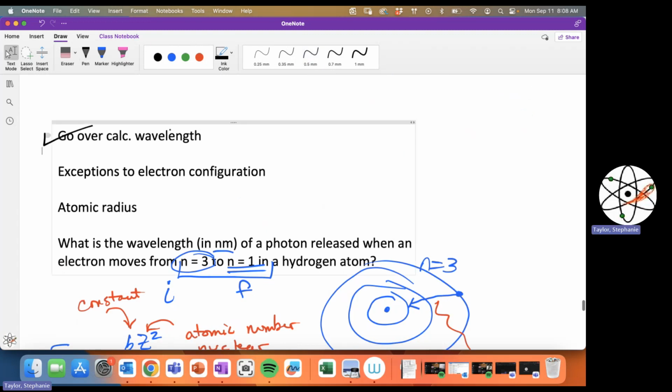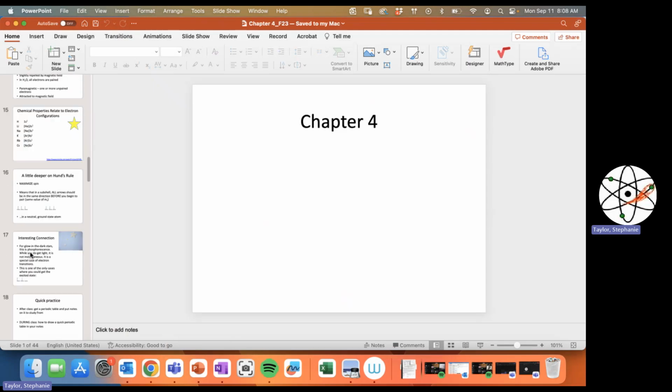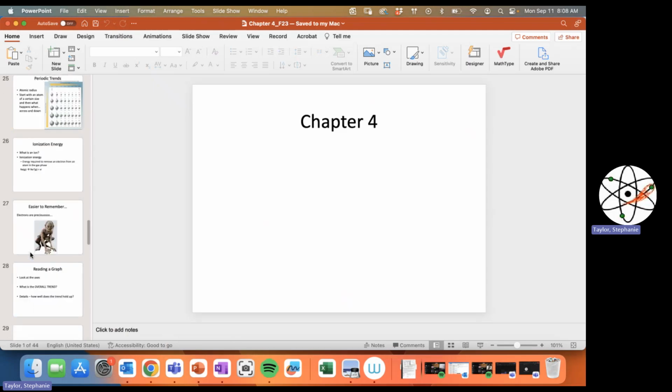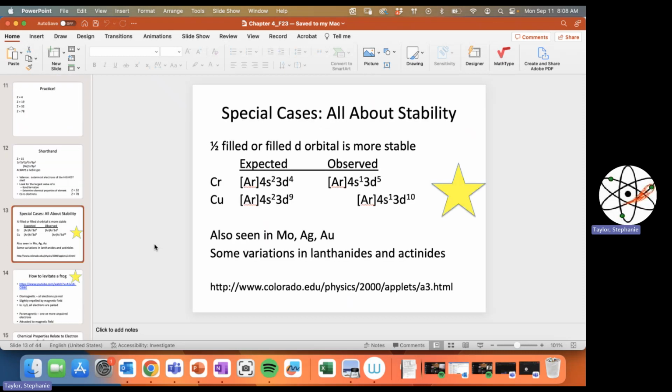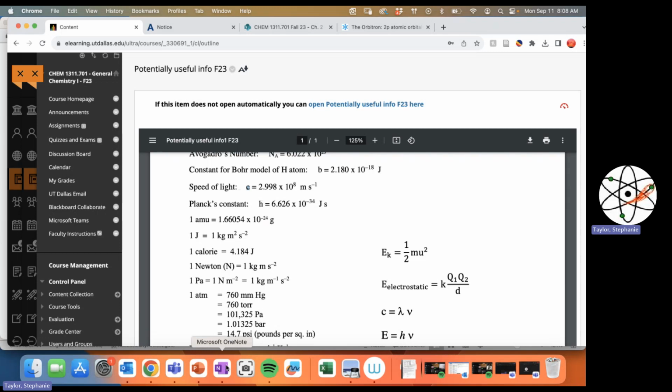Next up, exceptions to electron configuration. There are 5 elements that you're responsible for their exceptions. So typically when we talk about electron configuration, most things we are going to assume just go from left to right across the periodic table.